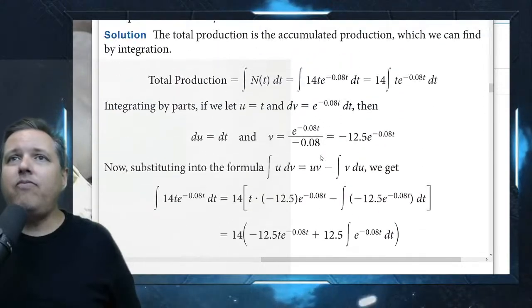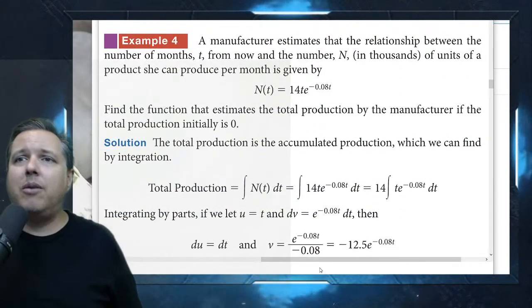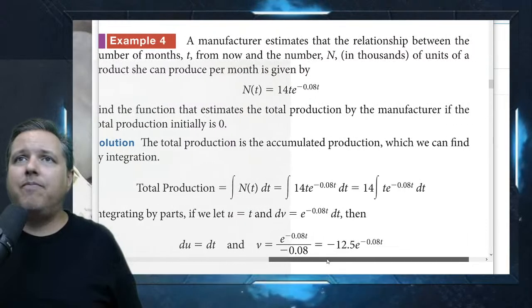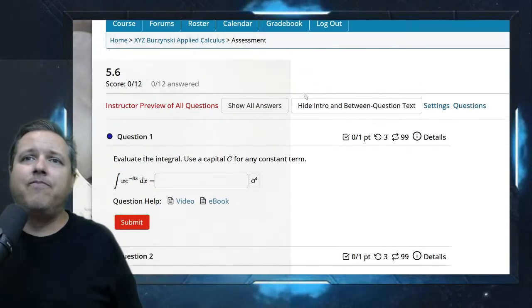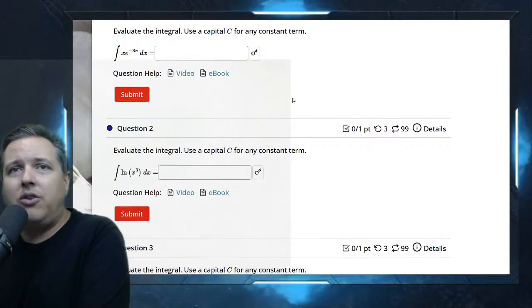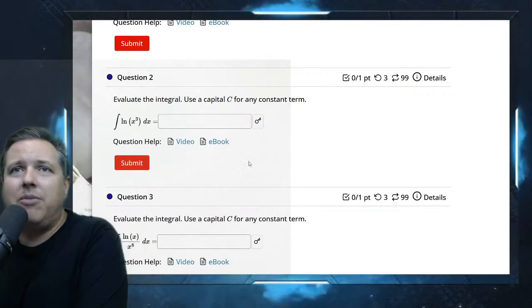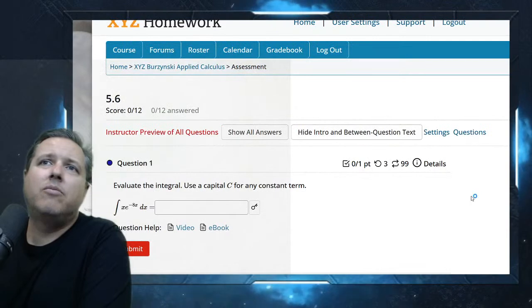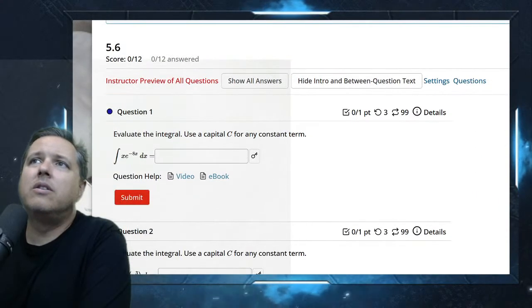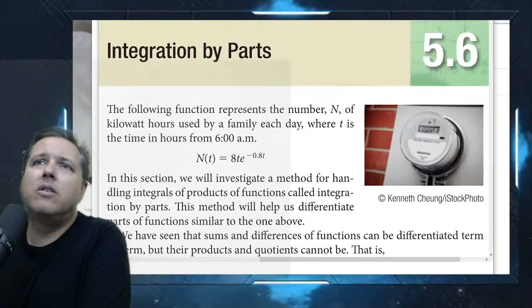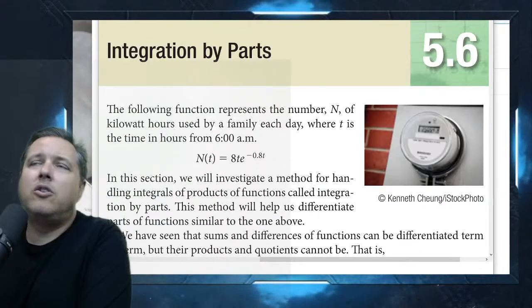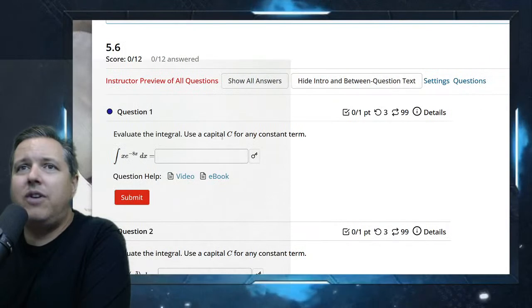So then we get into basically some word problems here. So let's see. What you want to do, if you're getting stuck with some of these, 5.6, the two main things to do are to watch the video on here.